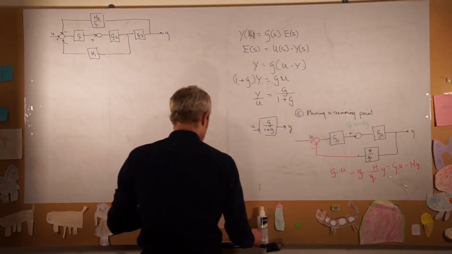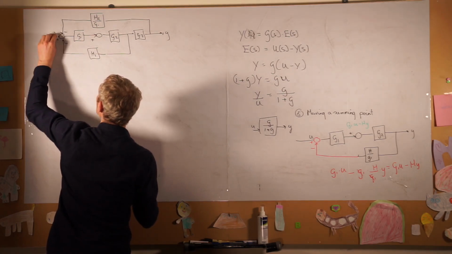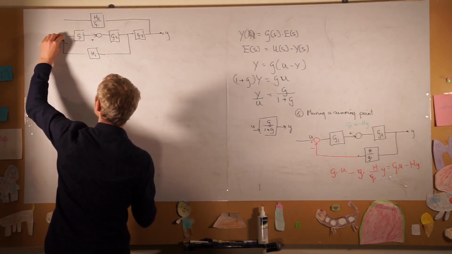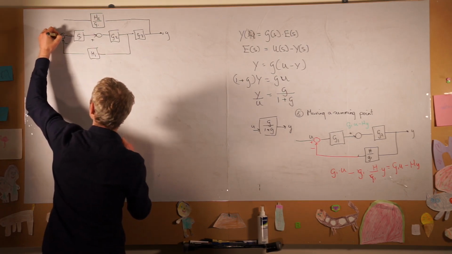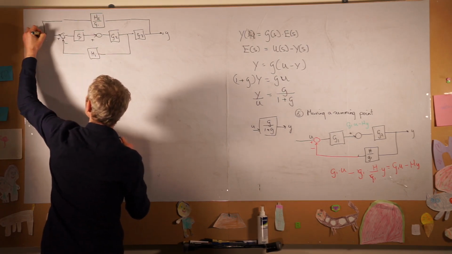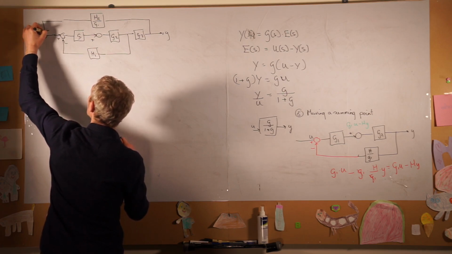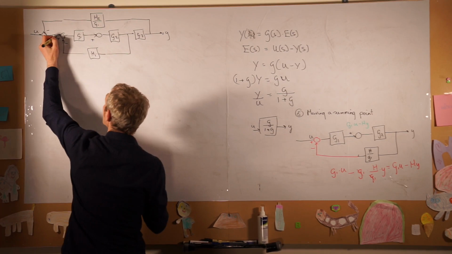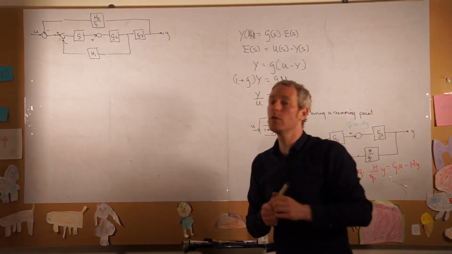Maybe for clarity's sake, I will just rewrite it slightly differently so that the loops don't become too convoluted. I will just add a summing point where I have my u there, and this will add here. So I've moved it out of the way.